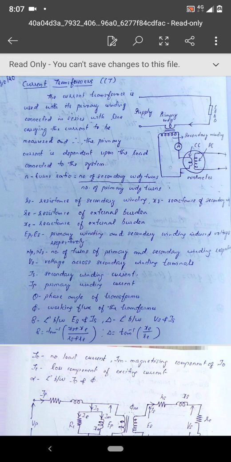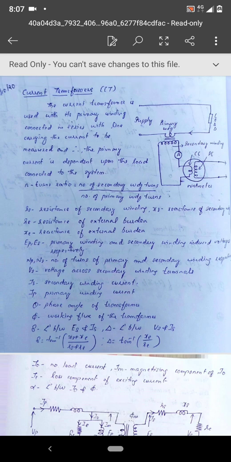And we'll start with what is a current transformer. In yesterday's discussion, we have seen the equivalent circuit and the phasor diagram of a transformer. A current transformer is used with the primary connected in series with the current carrying circuit. Of course, the transmission line will be carrying very high current, so that conductor itself is taken as the primary of the instrument transformer.